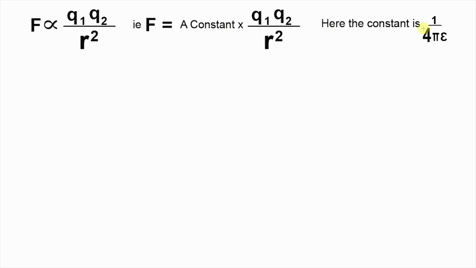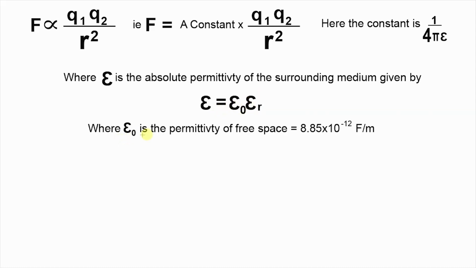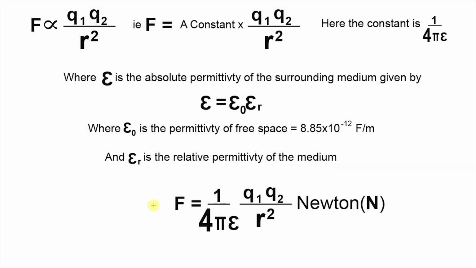Here the constant is 1 by 4 pi epsilon, where epsilon is the absolute permittivity of the surrounding medium, given by epsilon is equal to epsilon 0 into epsilon r, where epsilon 0 is the permittivity of free space, that is 8.85 into 10 raised to minus 12 Farad per meter, and epsilon r is the relative permittivity of the medium. Force of attraction or repulsion between two charges Q1 and Q2 separated by a distance r is equal to 1 by 4 pi epsilon into Q1 into Q2 divided by r square Newton.